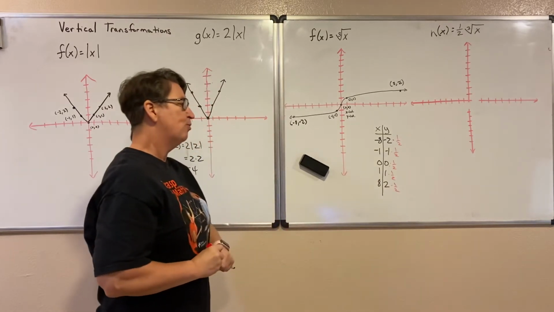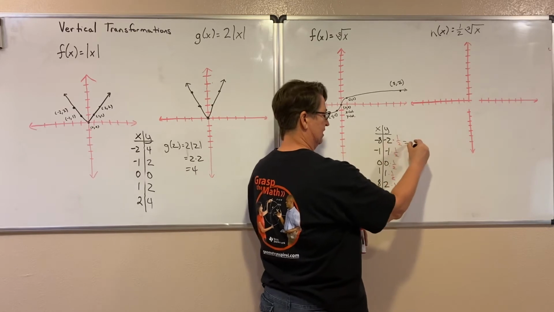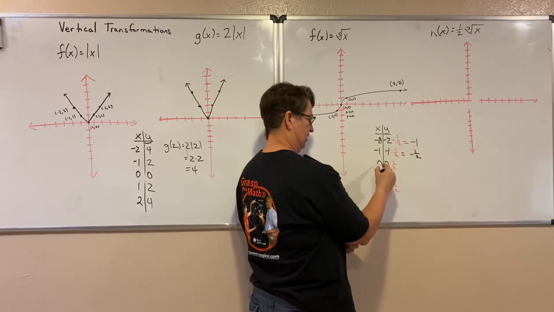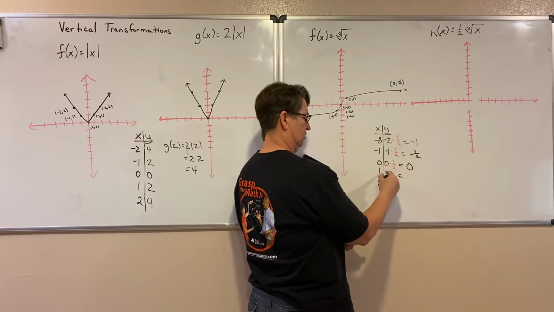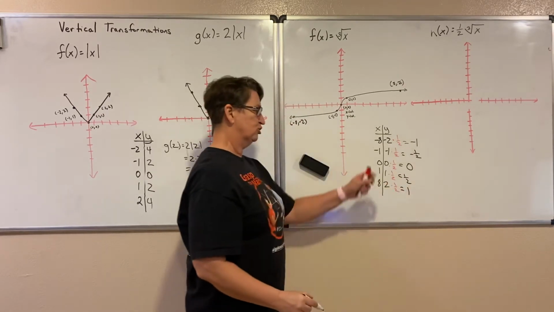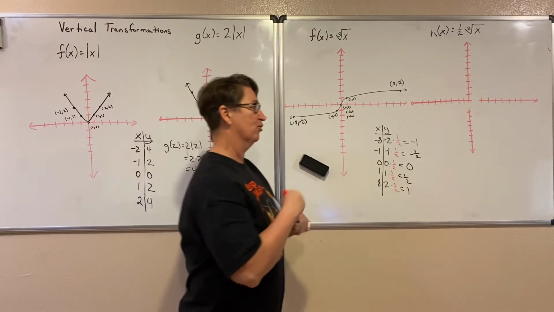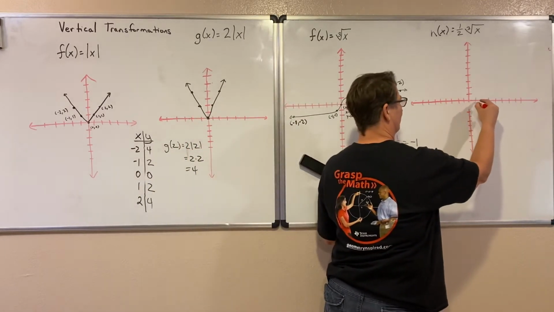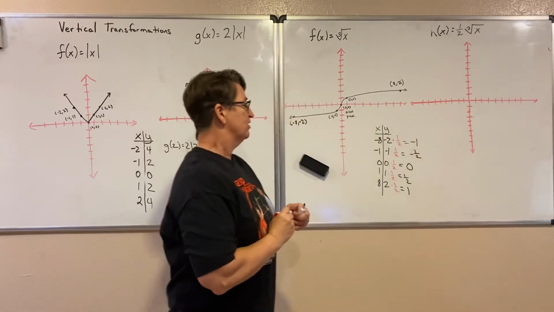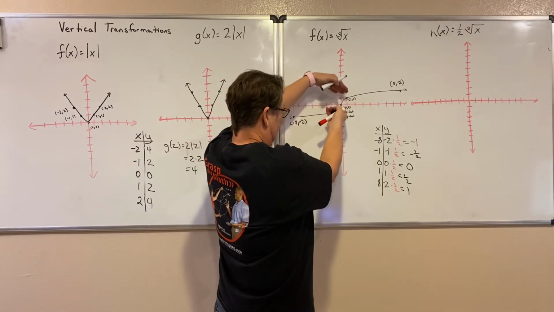So that the new points, the points on my new function are going to be at -8, -1, -1, -1/2, 0, 0, 1, 1/2, and 8, 1. So I just took all my y values and multiplied them by 1/2, the y values of the parent function, and I multiplied them all by 1/2. Now I'm going to graph those, and we're going to notice that our function is going to shrink vertically.